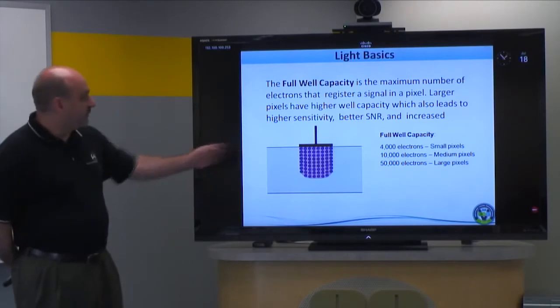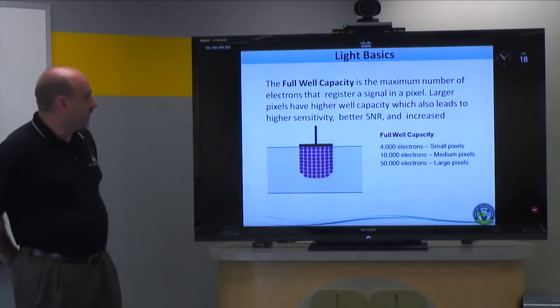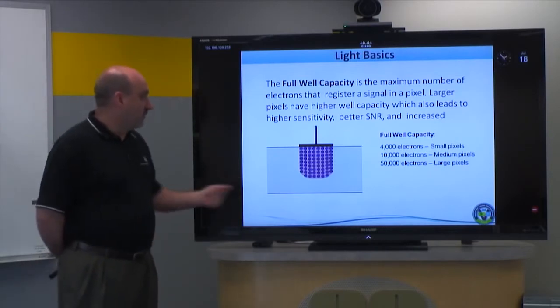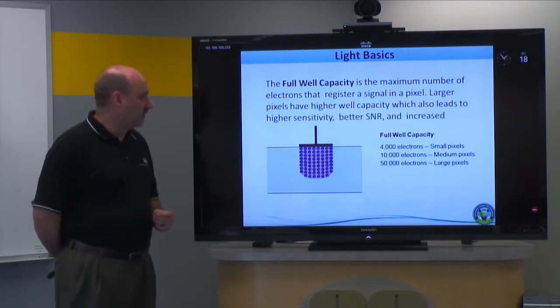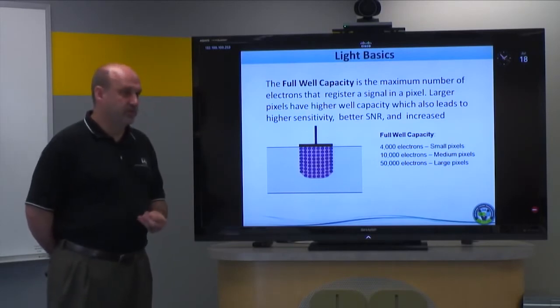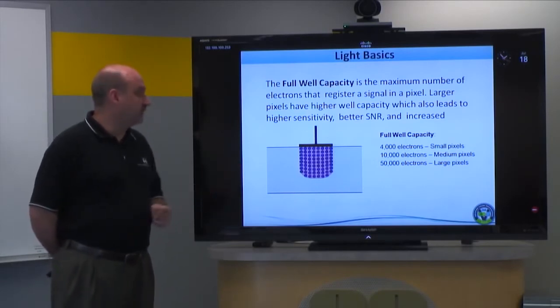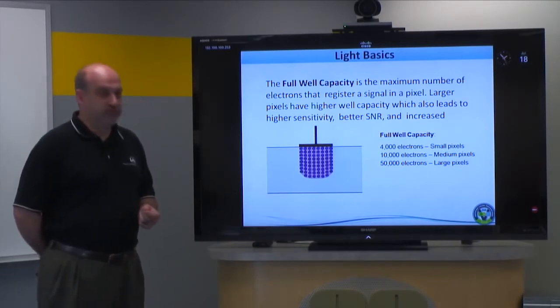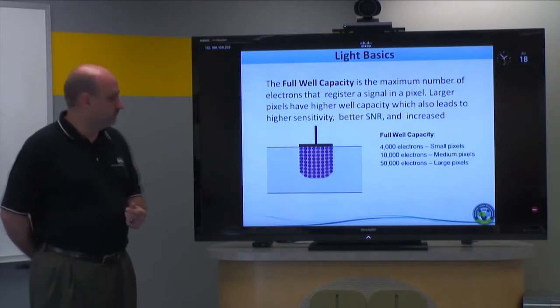These are typical, not absolute, but if we look around at sensors in the industry, very small pixel sensors have full well capacities around 4,000 electrons. A more medium-sized pixel will have well capacities more like 10,000 electrons, and larger pixels can hold 50,000 or more electrons.